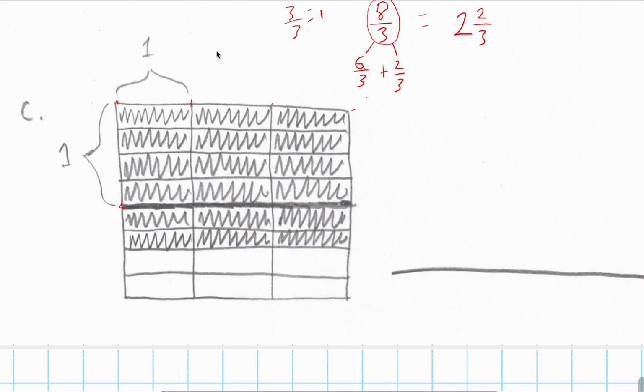So I have 3 wholes from here to here. How about over here? From here to here, it says that I have one whole. Now, how about from here to here then? I have one whole.